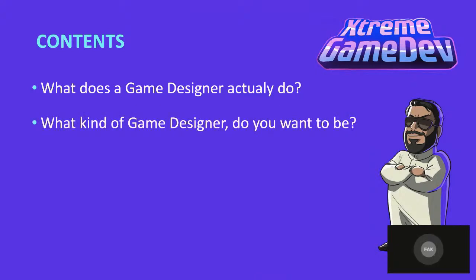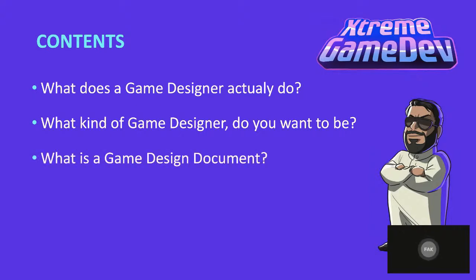Next, what kind of game designer do you want to be? It's not just game designer, that's it. No, there are types of game design, or it depends on the size. I'll talk about it more next. And then, what is a game design document? Something that a lot of EU developers like to talk about, so we will include this in the presentation.